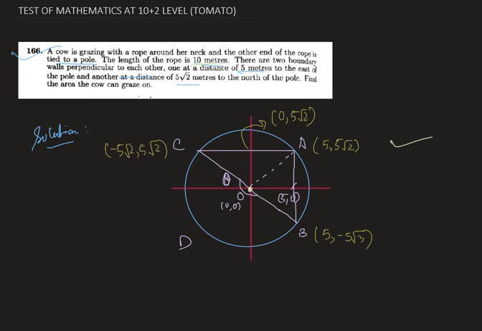So by solving the equation of the circle, that is x square plus y square equals 10 square, and the straight lines like x equals 5 and y equals 5 root 2, as this is the wall, this is the wall, these are the two walls, one at a distance of 5 meter in the east, and the second one at a distance of 5 root 2 meter in the north. And we get the coordinates of the points A, B, C as given in the figure.